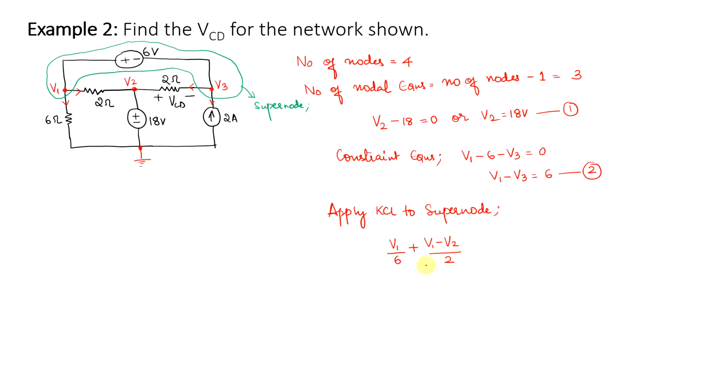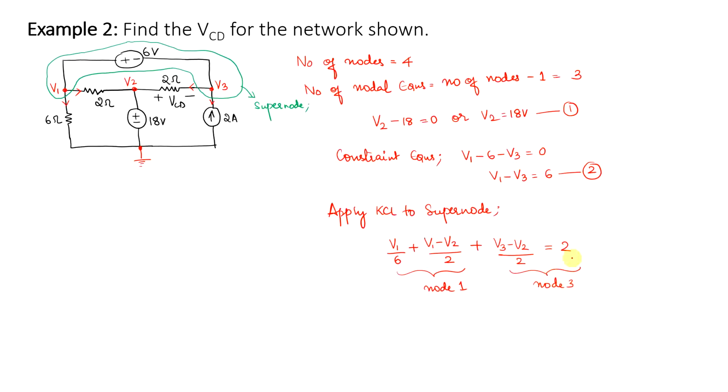I have finished both the branches connected to node 1. Next I need to consider node 3. You have a 2 ohms resistance here, so this is V3 minus V2 divided by 2. And then you have a current source which is entering the node, so this is equal to 2. This corresponds to node 3.